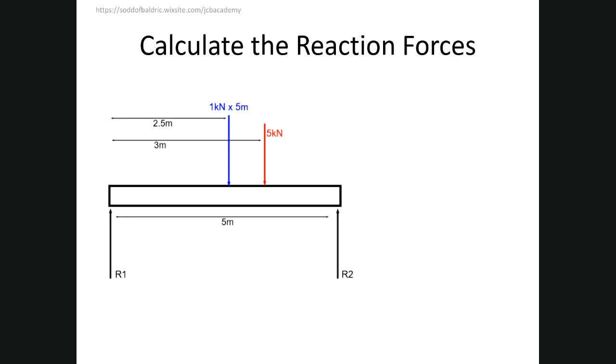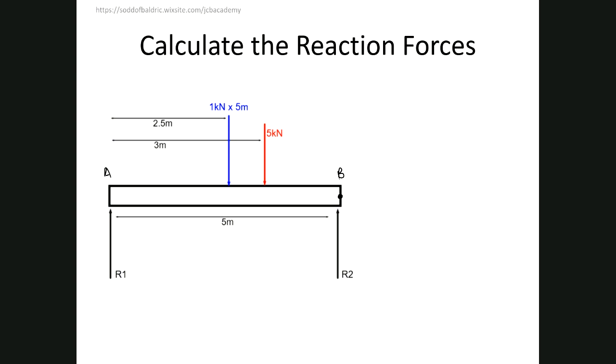And I'll try and keep my colours. So to start with, I'm going to label the edges of my beam. So I'm going to label that as point A and this end as point B. And we're going to start by making B the pivot of our beam.